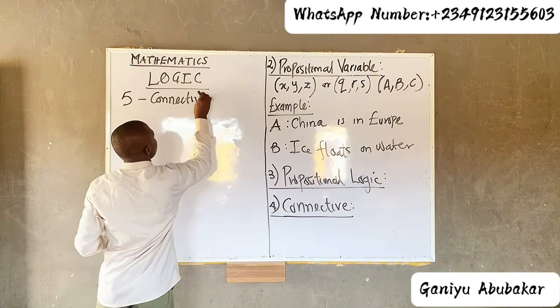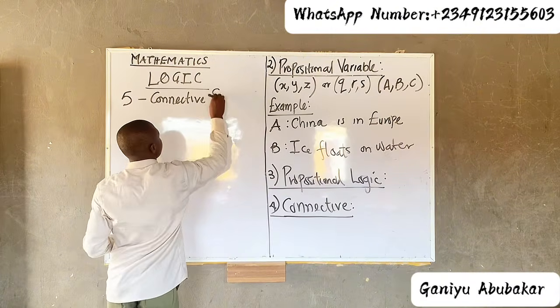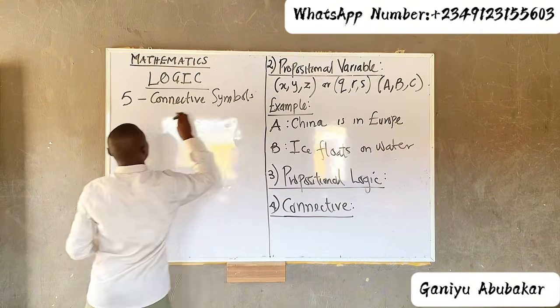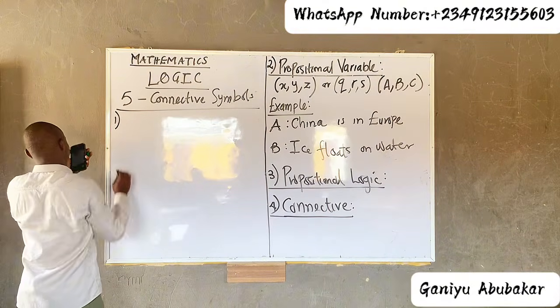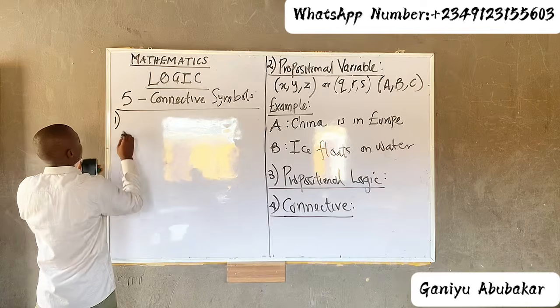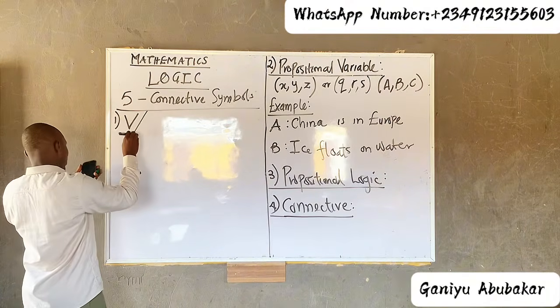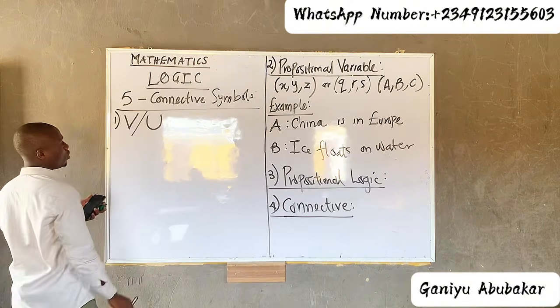Number 1, the first connective symbol that we have here looks like a V, or you can use something of this nature, parabolic in nature.